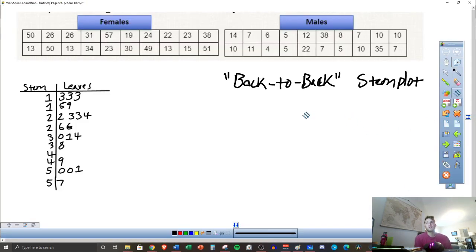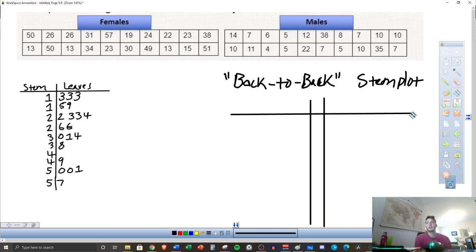What we're going to do is create two lines. In between here are where the stems go. So we're going to put stems. And then this one will represent female, these leaves, and this is male.